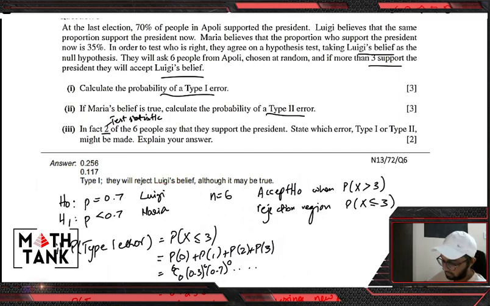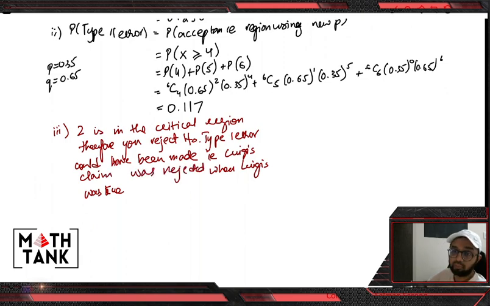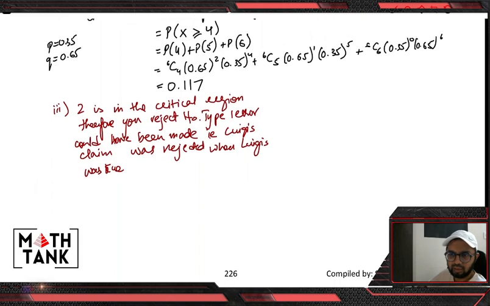That's what the question says as well, although it may be true. So I should rather write that Luigi's claim was rejected. It's the same thing. You just accept or reject it, you don't really talk about the alternate hypothesis.